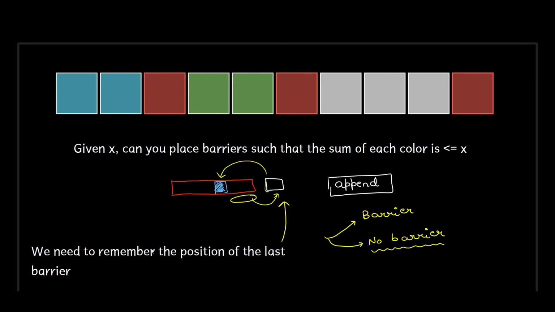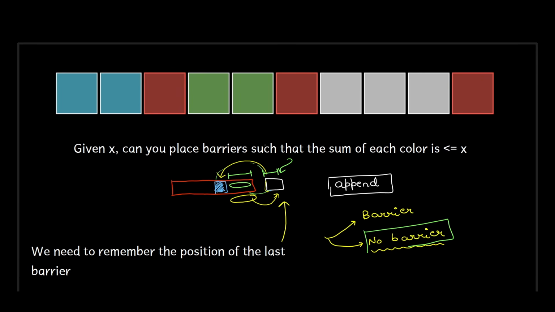So that we can determine if the element that we are just appending over here can be merged into the last color. And how can you determine that? You determine the position of the last barrier, and then you compute this sum, and you add this, and you check, is this quantity still less than x? If it is yes, then you can definitely append this element, and it will not change the answer.